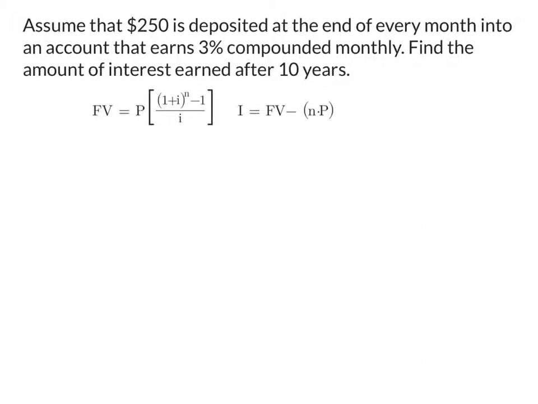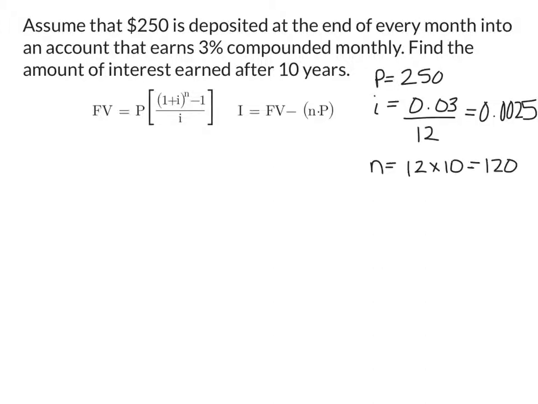So first we'll find the future value. We need to identify the values for P, I, and N. So P is $250. That's the amount that we're depositing into the annuity. I is the interest rate per compounding period. So we take the interest rate, which is 0.03, and divide it by 12 since we're compounding monthly.